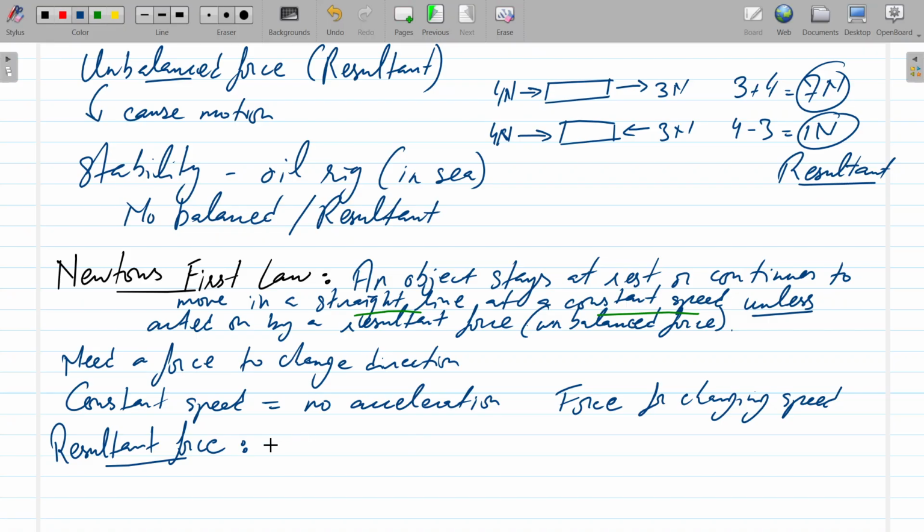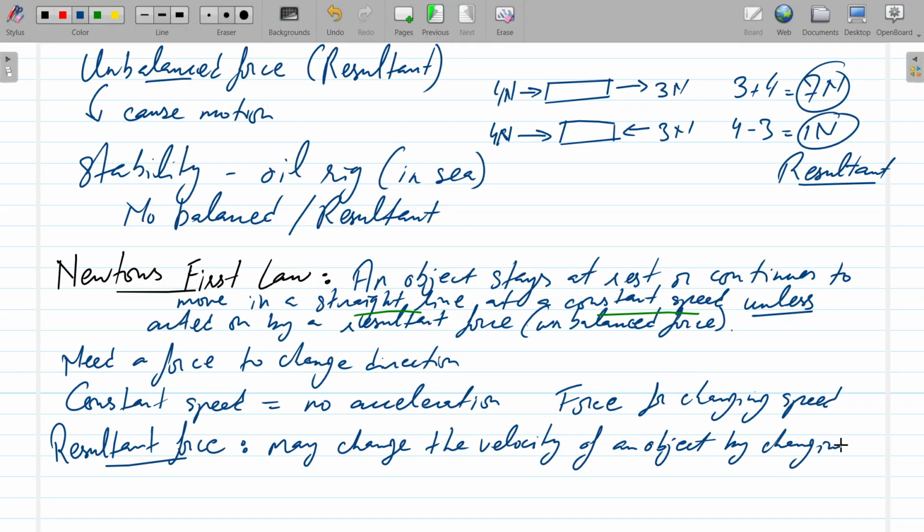A resultant force may change the velocity of an object by changing its direction of motion or its speed.